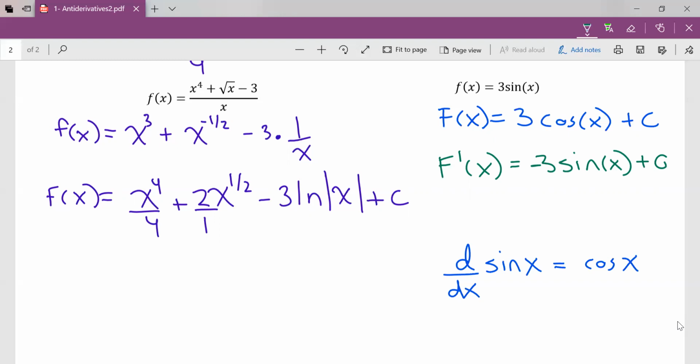So how do we fix this, friends? We fix it by saying this. The antiderivative of sine is negative cosine. Now check. So if we take the derivative of the antiderivative, now we're going to get negative 3 times the derivative of cos x, but the derivative of cos is negative sine, and that would give us that positive 3 sine x.